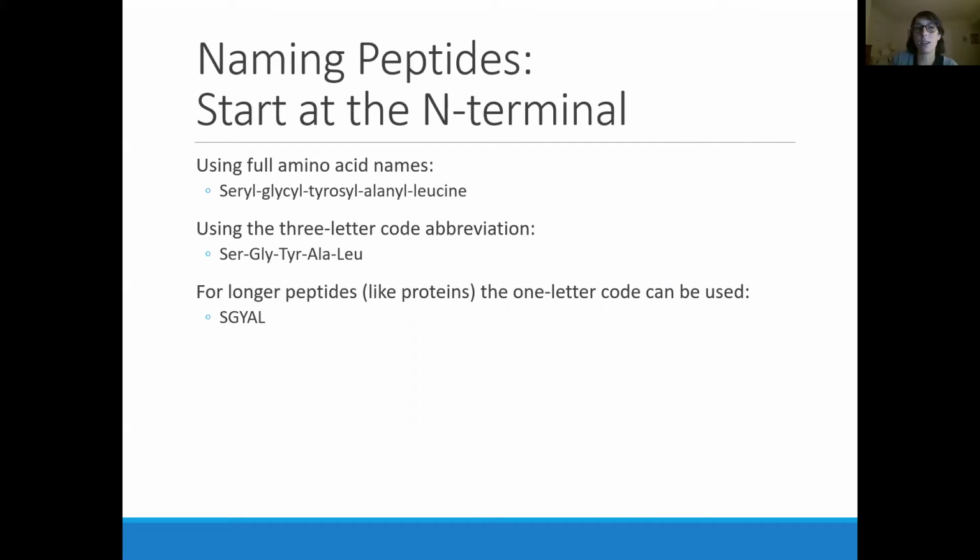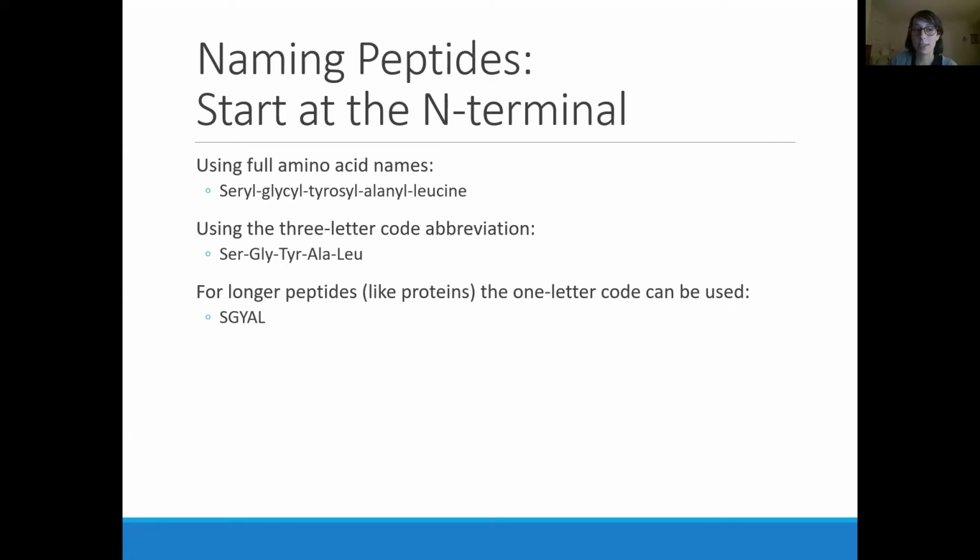So serine becomes seryl, glycine becomes glycyl, tyrosine, tyrosyl, and then alanine, alanyl. The very last amino acid in the sequence, the amino acid that is at the carboxyl end, is written normally without the yl ending. So as you can see, the name of the sequence previously was seryl, glycyl, tyrosyl, alanyl, leucine.